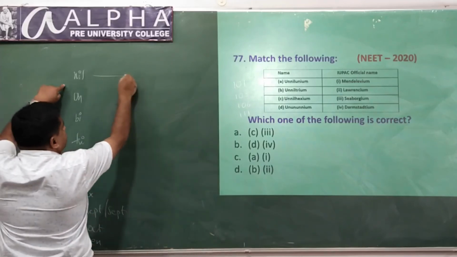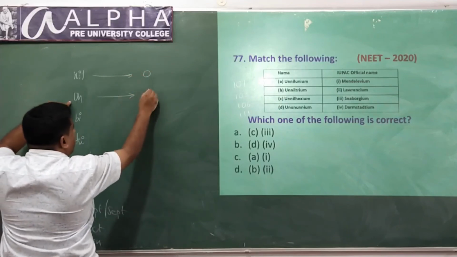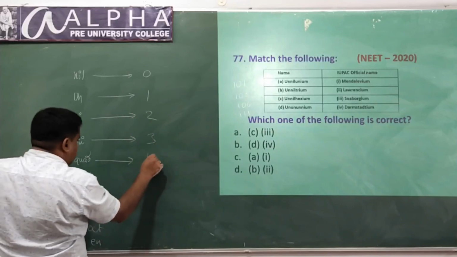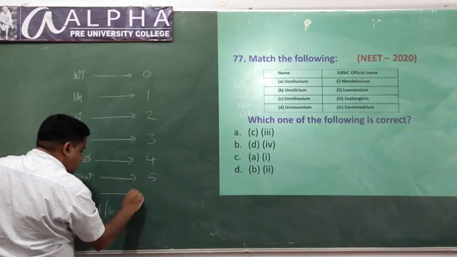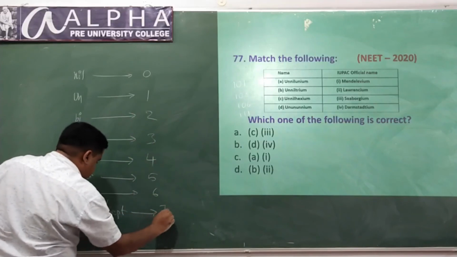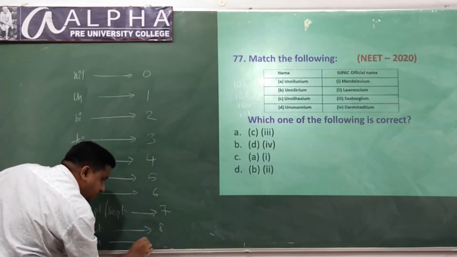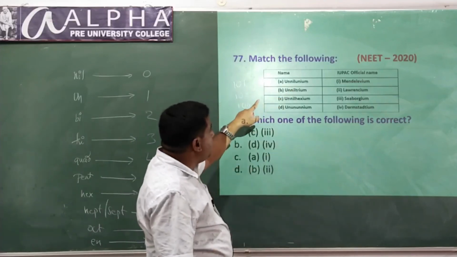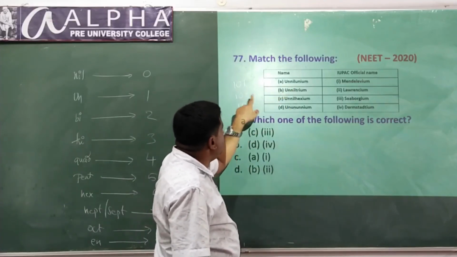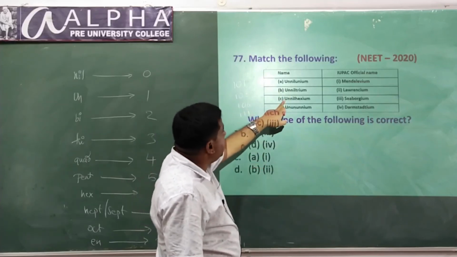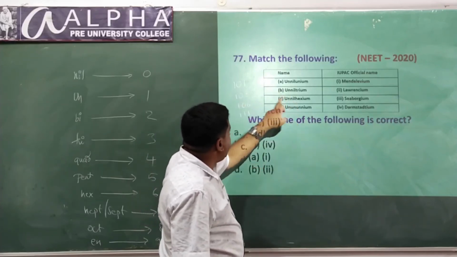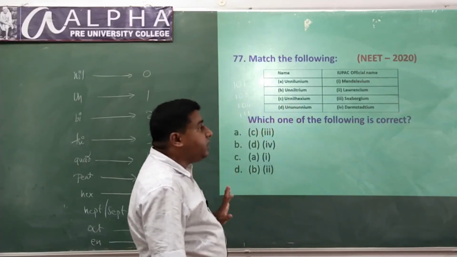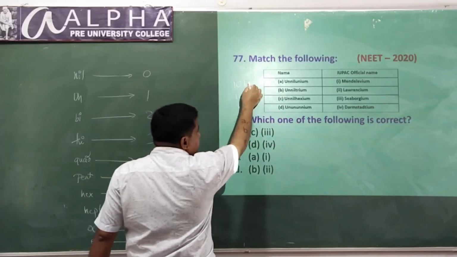Nil means 0, un means 1, bi 2, tri 3, quad 4, pent 5, hex 6, hept 7, oct 8, n means 9. So un 1, nil 0, un 1, so 101. Un 1, nil 0, tri 3. Next un 1, nil 0, hex 6, 106. Next un, that means 111.